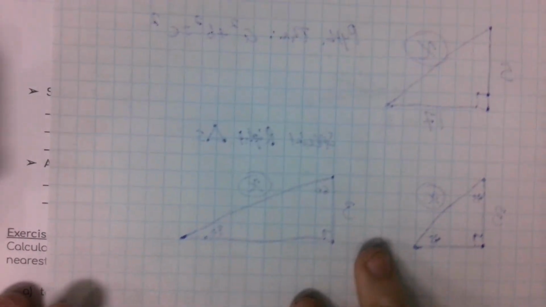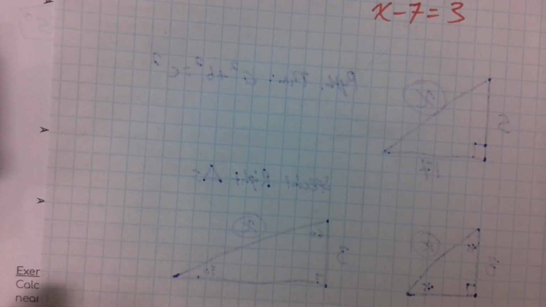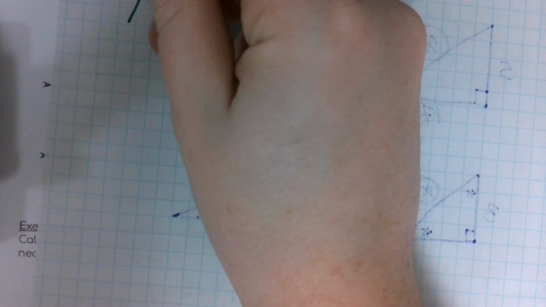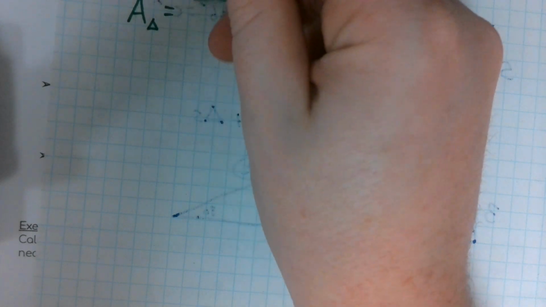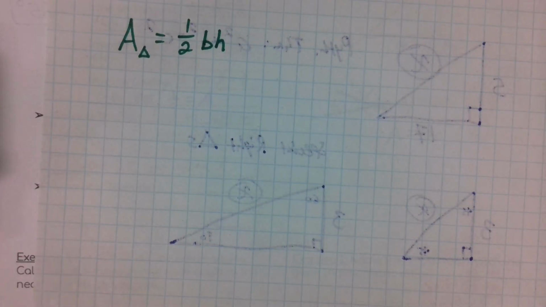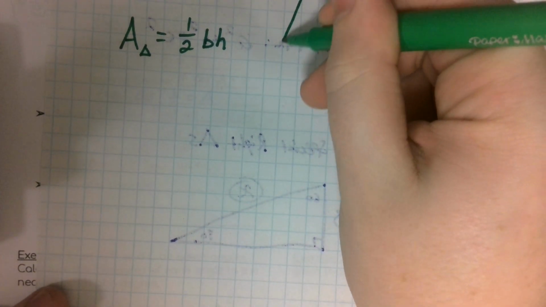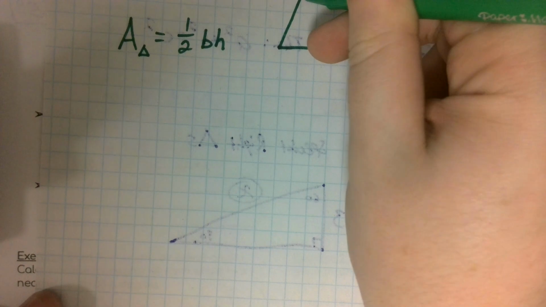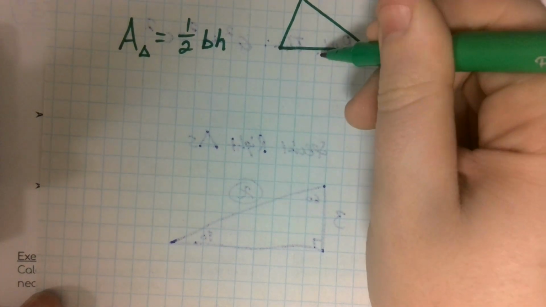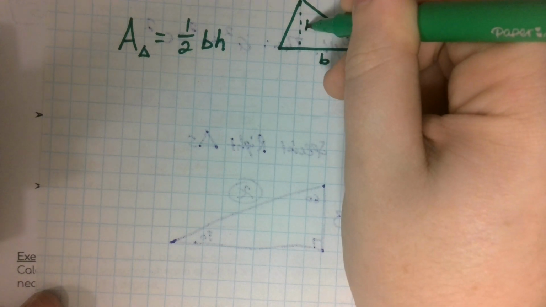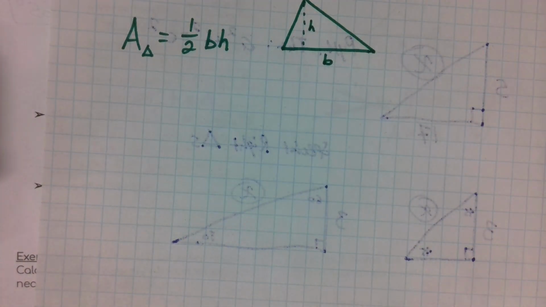We know that the formula for an area of a triangle is 1/2 base times height. Fantastic. Wonderful. You can absolutely use this anytime you like, as long as you know the base, and as long as you know the height, you can use this formula.